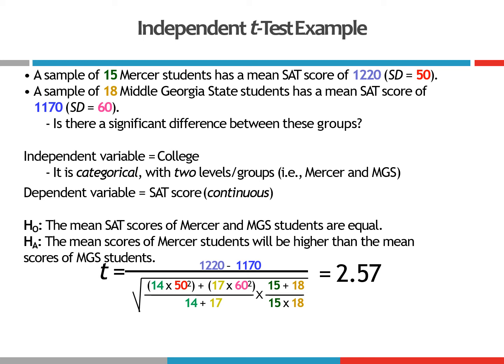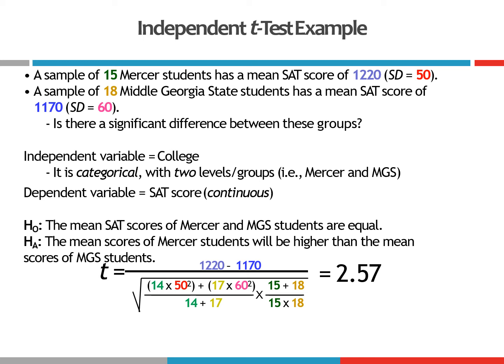And then at the bottom, we would add the degrees of freedom for Mercer students, which was 14, and the degrees of freedom for MGS students, which was 17. And then all we have to do is plug in those numbers, and the value that we would get is 2.57.